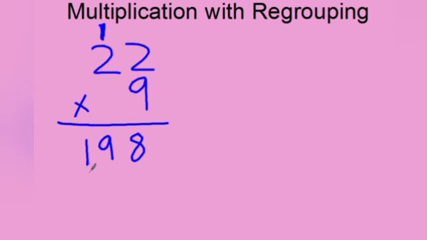Okay. Now, it says estimating. When we estimate, we're going to round the numbers to the nearest 10. So, I'm going to round this 22 to 20.